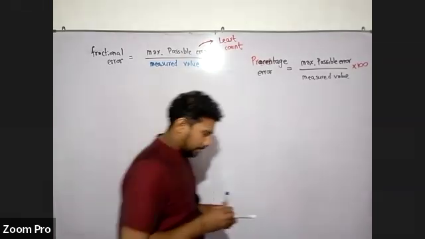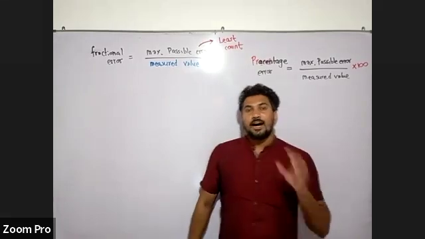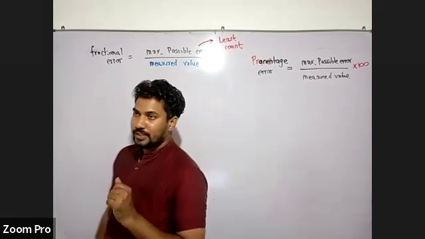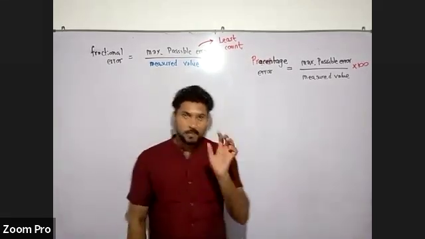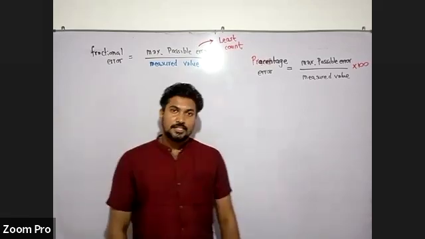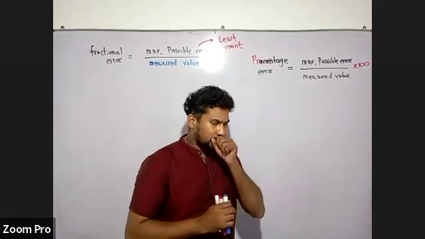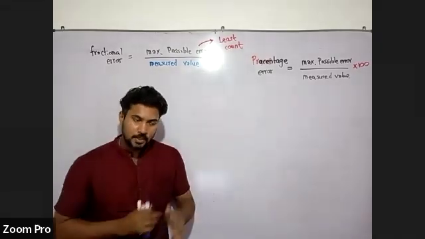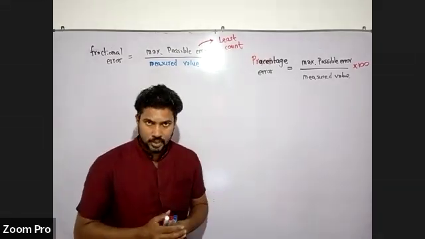So then, at the end of this discussion, I told you a special point, that is, guys, normally we can obtain the percentage value of any kind of measurement, right?